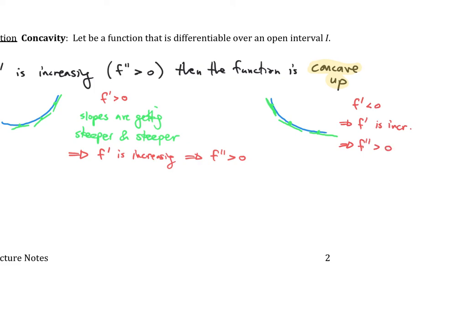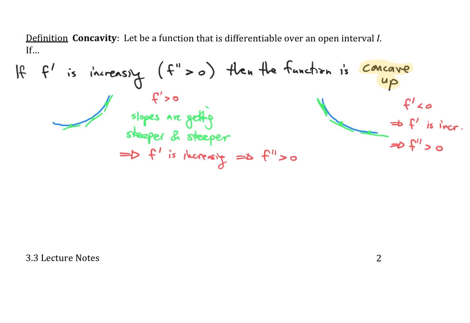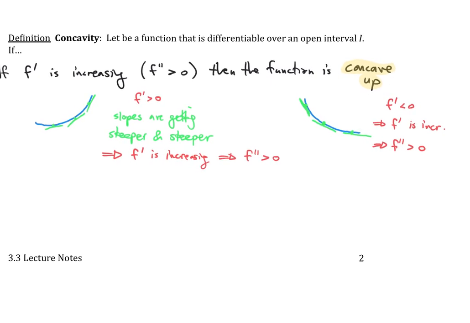So in each of these two cases we have over here, our second derivative is positive. But in this first example, the function's increasing, and in the second example, this function is decreasing. So in this situation, do you see how these both kind of cup upwards? So this is why we call it concave up.